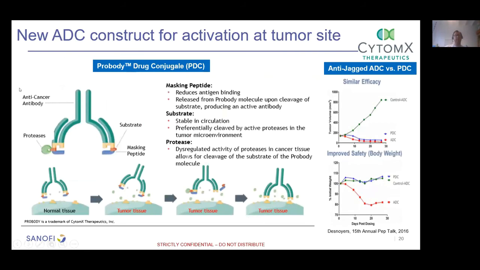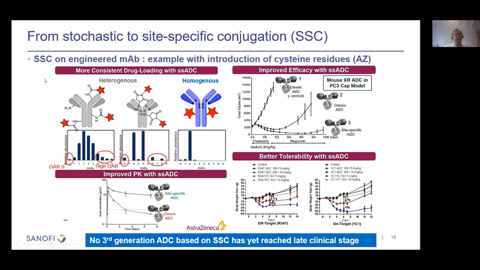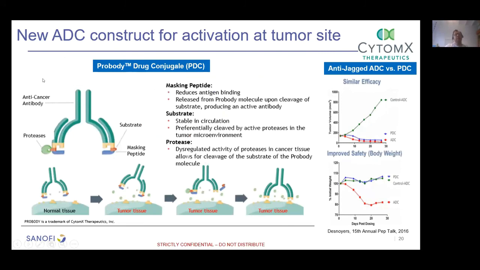Another promising approach is based on what we could call local activation, meaning activation specifically at the tumor site. CytomX has developed a very elegant approach based on antibody-drug conjugates where the paratope of the antibody that will bind the antigen is protected with a masking peptide.